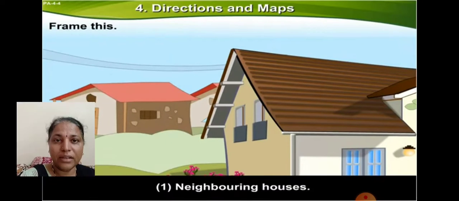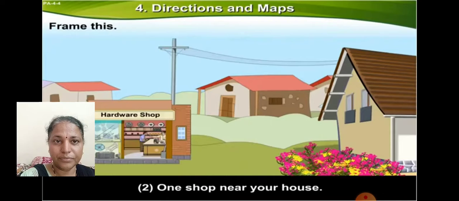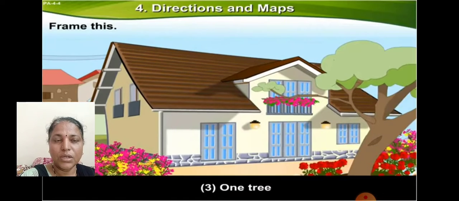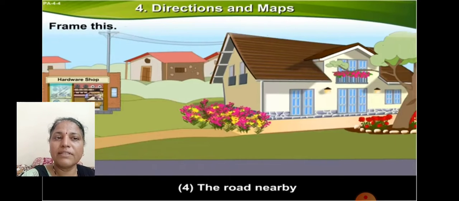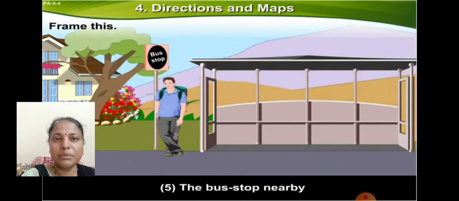Like our neighboring houses, one shop near your house, one tree is here also, the road is nearby in front, or in the backyard, the bus stop is nearby.